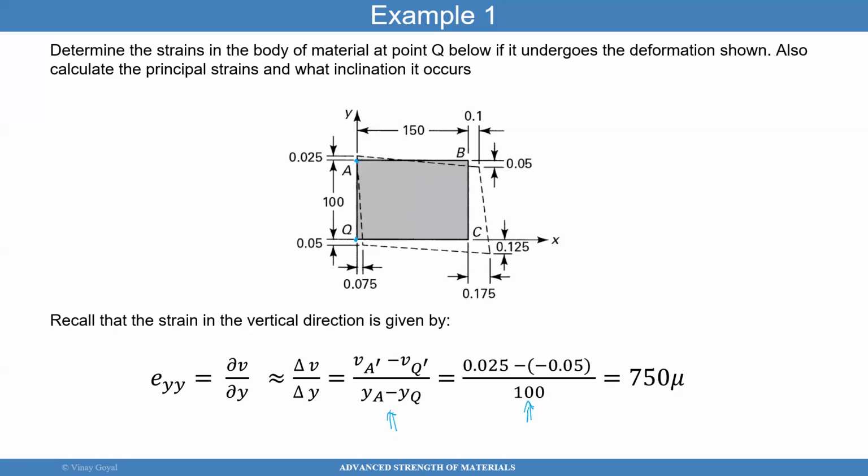And then the relative deflection of point A, it moved upwards an amount 0.025. So that's why I have that there. It moved to this location here. And then the point Q moved downwards an amount that's 0.05. So it's negative there because it moved downwards. I calculated as 750 and you're done.